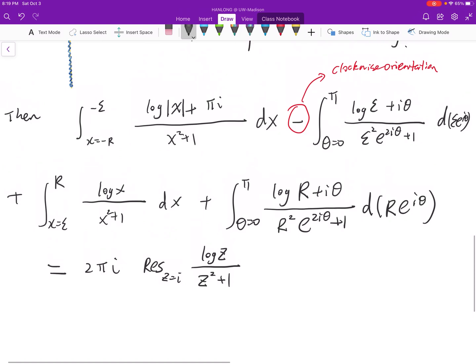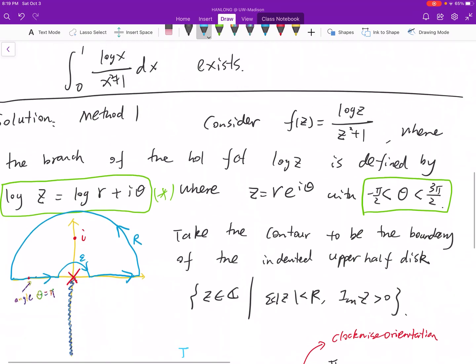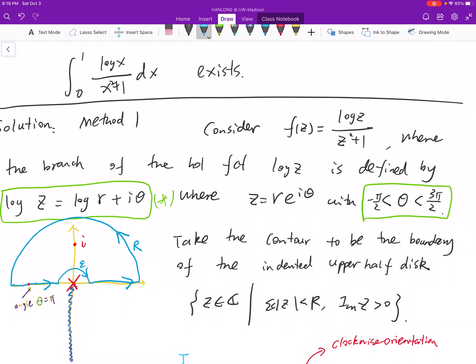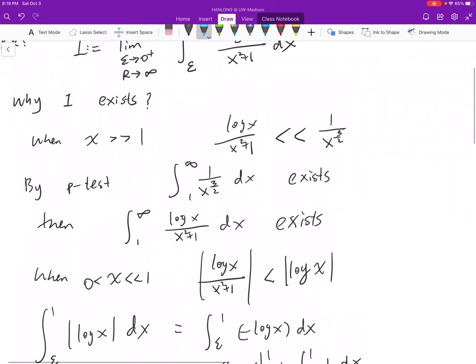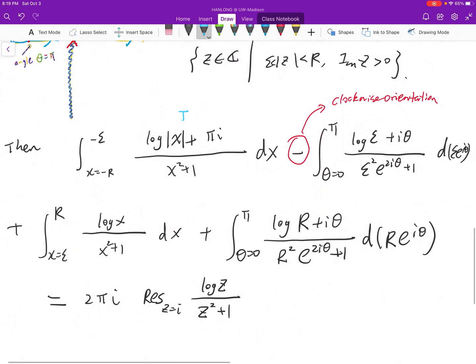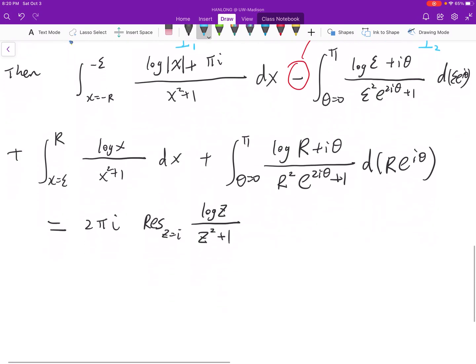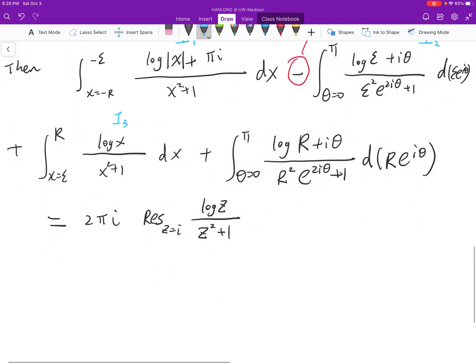Next we will compute each term. Let's denote the first as I1, and the second one I2, third one I3, I4, and then the last one I5.